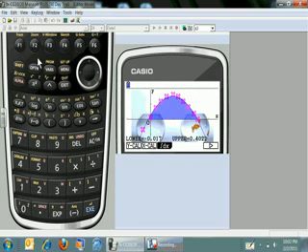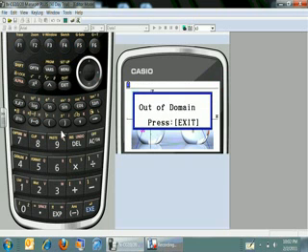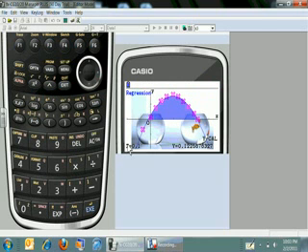Let's see, we could also do some x and y calculations. Let's do a y calculation. When x is 1, I'm out of the domain there, probably because this is a very small area I've got here.